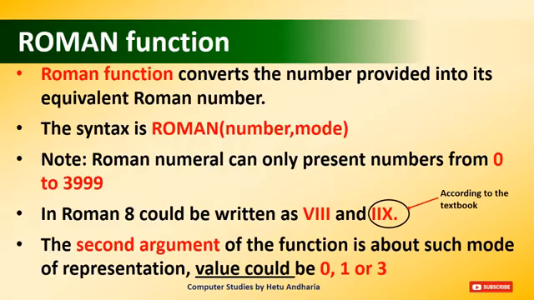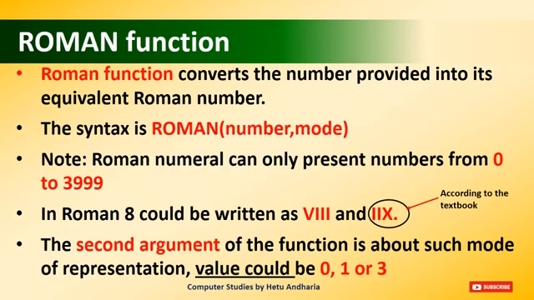Now the next function we are going to learn is the Roman function. Now Roman function converts the decimal number provided to it into its equivalent Roman number. For your kind information, in Roman the numbers are from 0 to 3999.